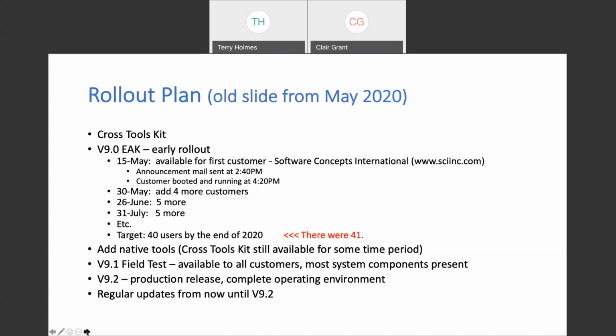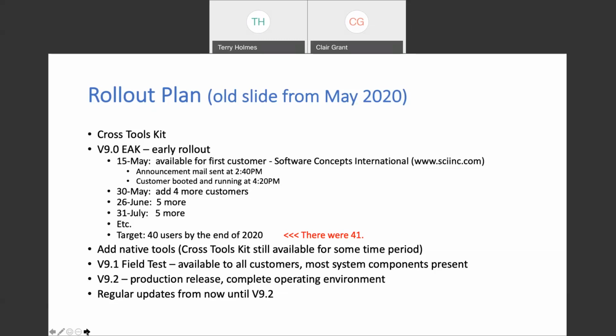Back 9 months ago, we looked at trying to roll out things on a monthly basis, add a few more customers each time. We had to feel our way as to how many people we could support, how frequently we could get things out that had enough new content to make it worthwhile. And as we started to move along, it looked pretty good.